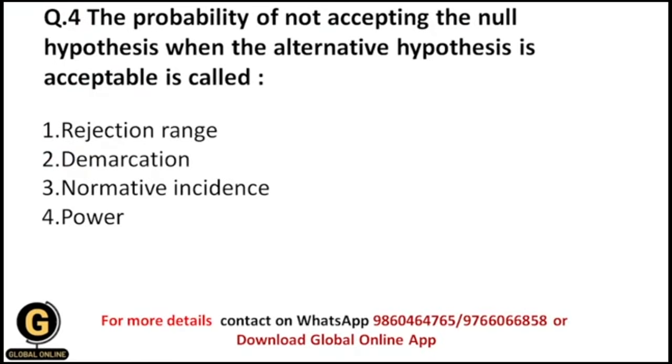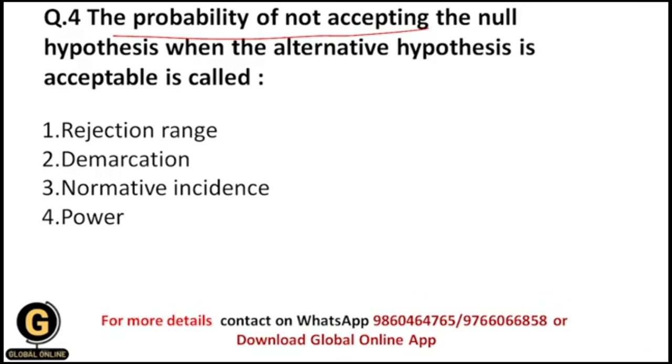Okay, the probability of not accepting the null hypothesis when the alternative hypothesis is acceptable is called. So what is the probability of not accepting the null hypothesis? And in that situation basically alternative hypothesis is acceptable. So it means that here null hypothesis is false, and that's why we are not accepting it.